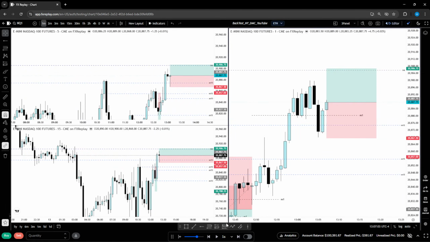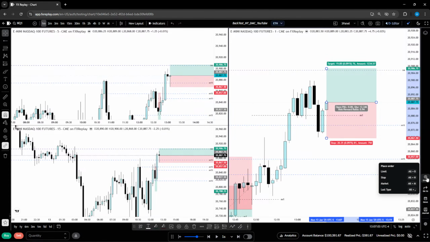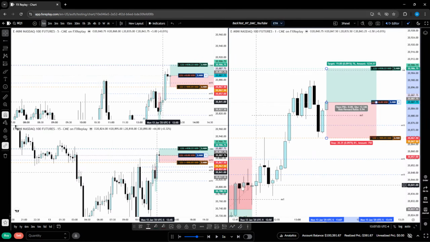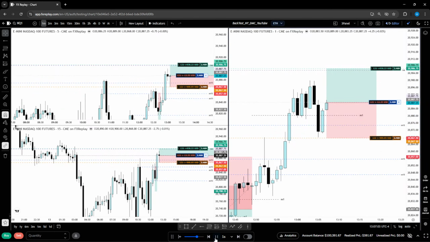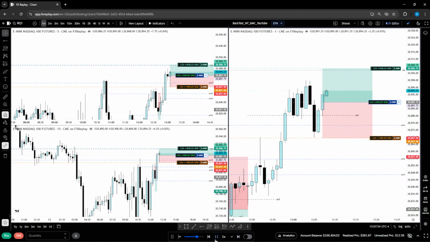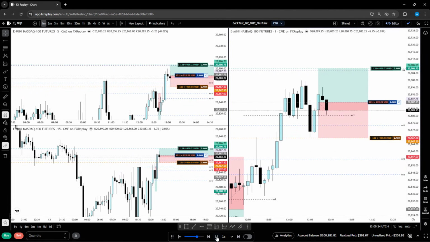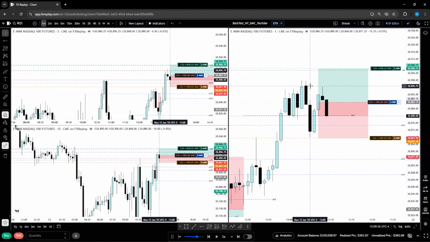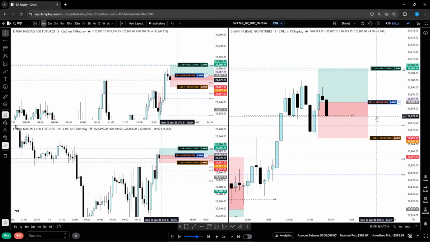We'll see if we can get up to there. So this seems to be a swing failure here again. We may go lower. We lose this level.